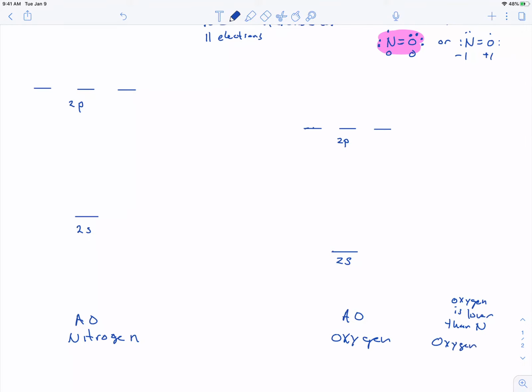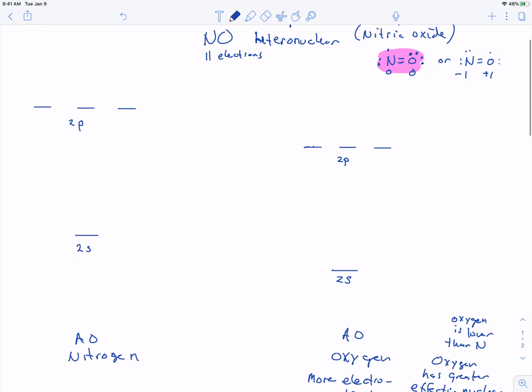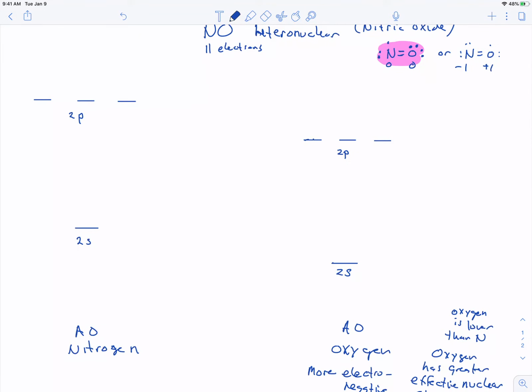Oxygen has greater effective nuclear charge, so that means that the electrons are going to be drawn closer. Notice I only drew the 2s and 2p. Also, oxygen is more electronegative. So that's why oxygen's orbitals are lower.